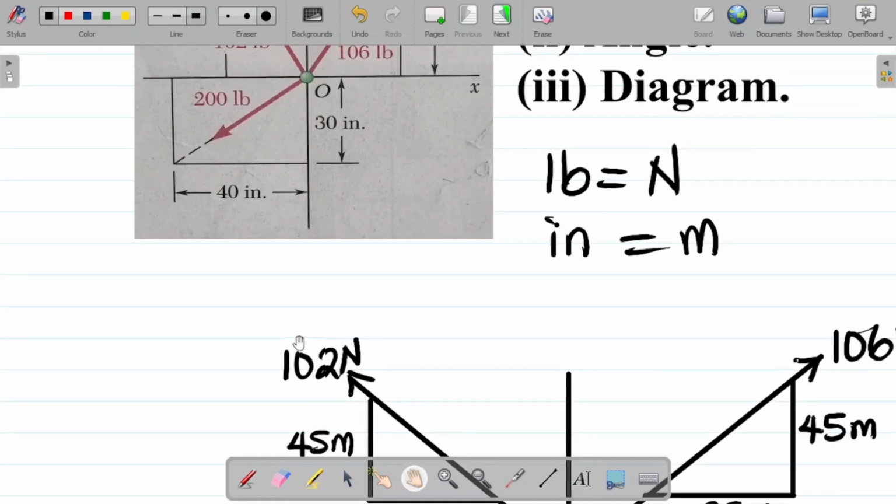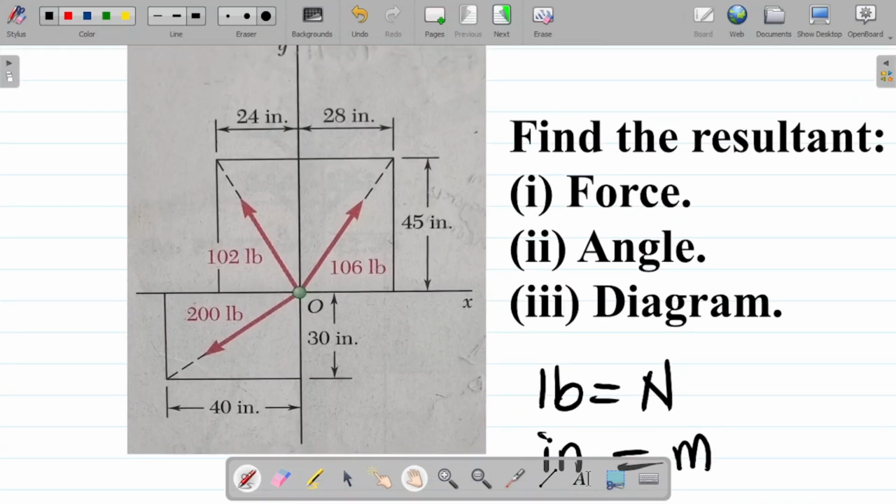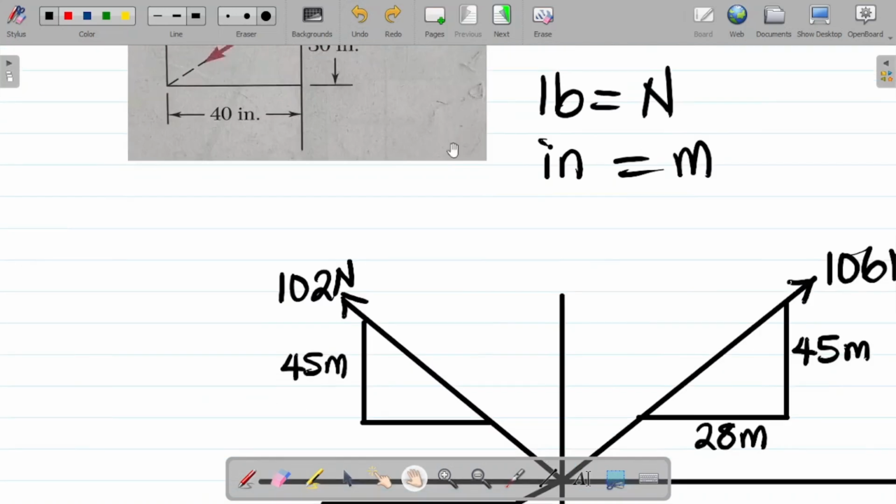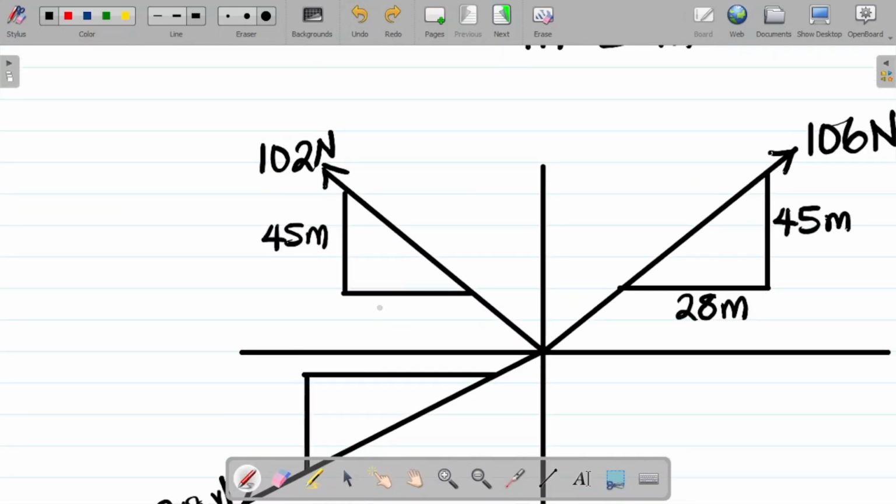Where else do we have? For this same 102, the lower part of the triangle, from here to here, is given as 24 meters. I said we're using inches as meters, so the lower part is 24 meters.